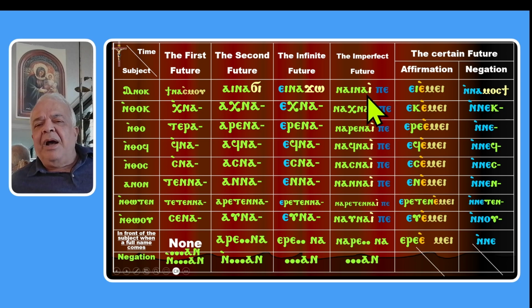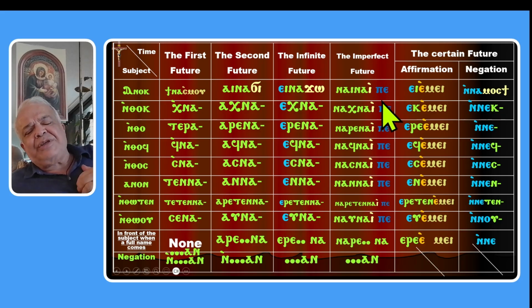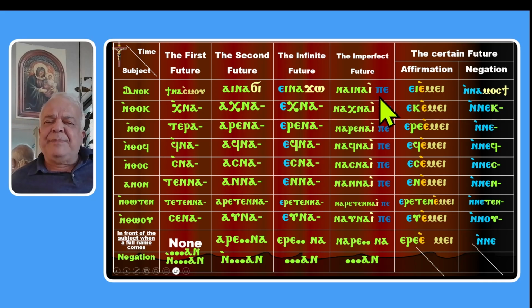Nai na i pe. That's the third component of the tense, pay. The word pay here is not the verb to be, as we learned before, because in previous lectures I told you verb to be is pay for masculine singular, te for feminine singular, and ne for plural. But here, this pay is for confirmation.